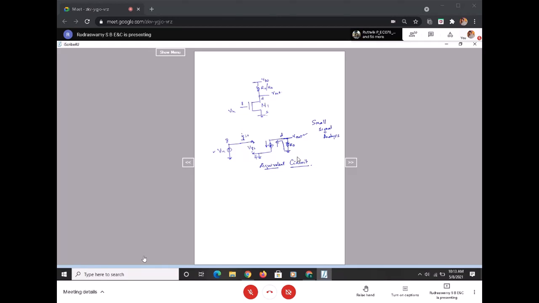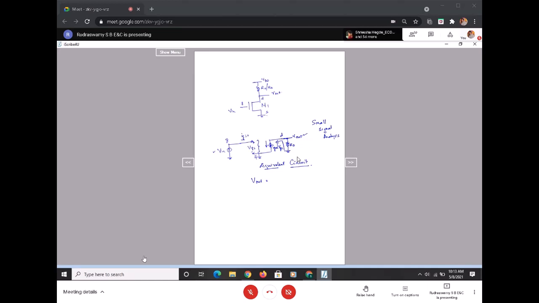Now if I want the Vout expression, this particular current is given by gm into VGS. This is the voltage appearing between the gate and source, seen at drain to source.